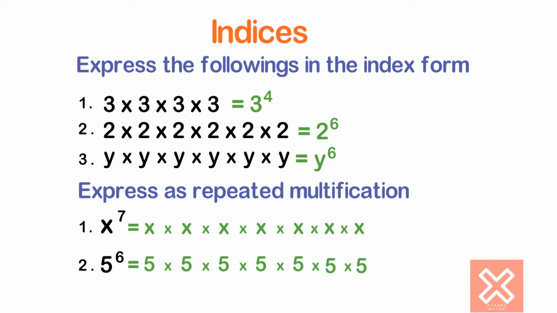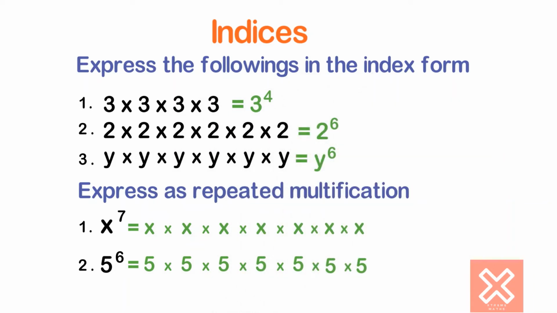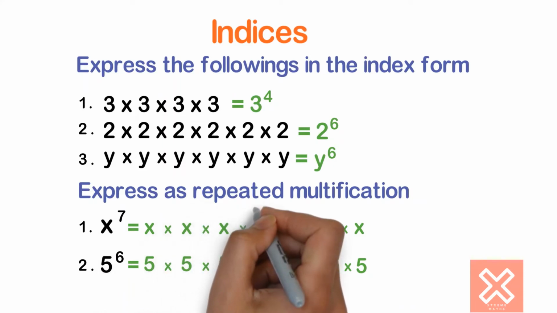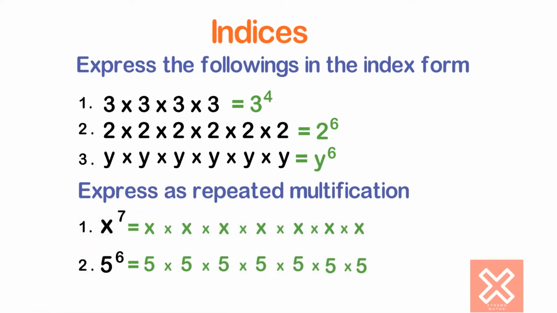This is expressing the number in index form, and this is the opposite way of it. The index form number is given, and you have to write it as a repeated multiplication.